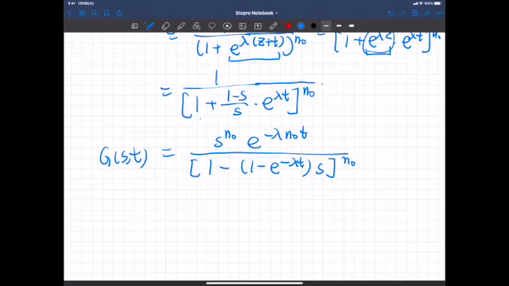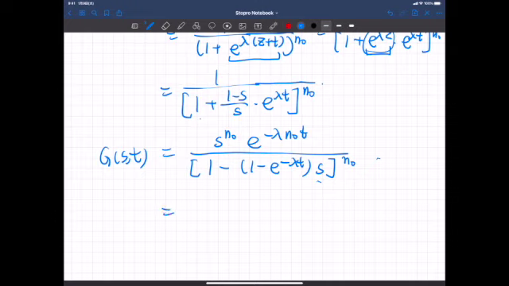But this is not as useful as we wish yet, because what we were interested in was the probability mass function. So let us expand this function of s into the power series of s.